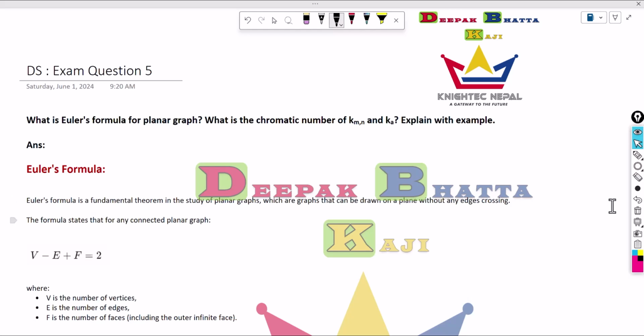The formula states that for any connected planar graph, V minus E plus F equals 2. We must get this 2, then only it can be called Euler's formula. Here V represents the number of vertices, E represents the number of edges, and F represents the number of faces.